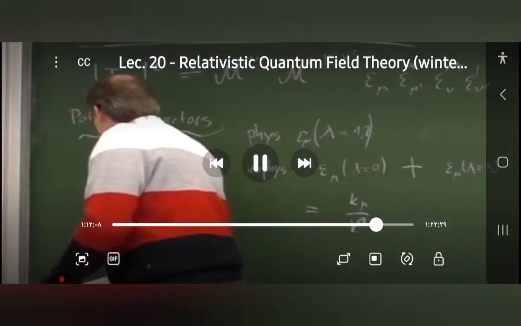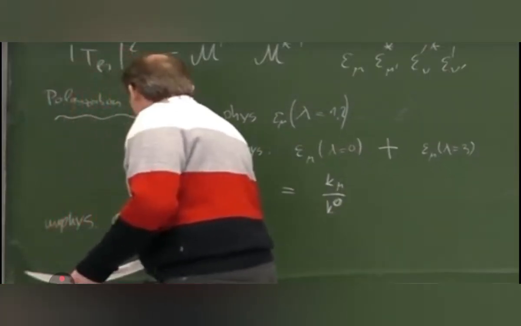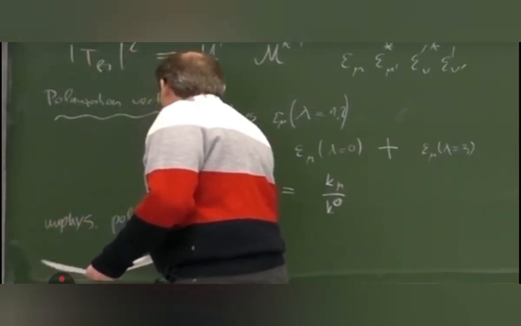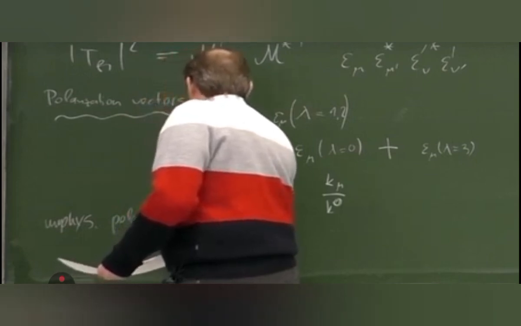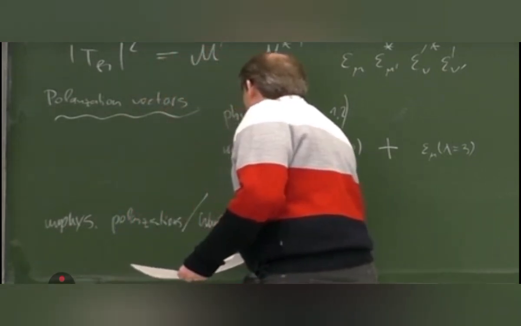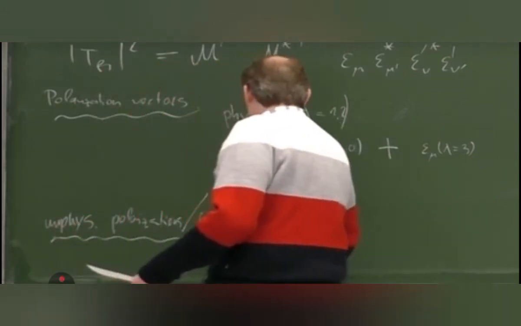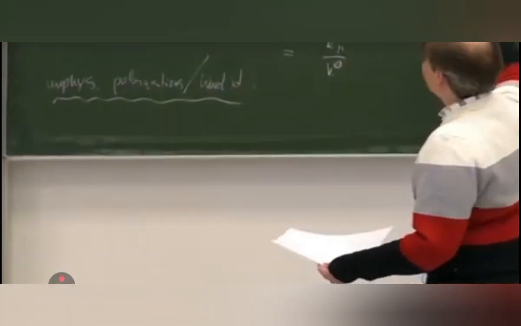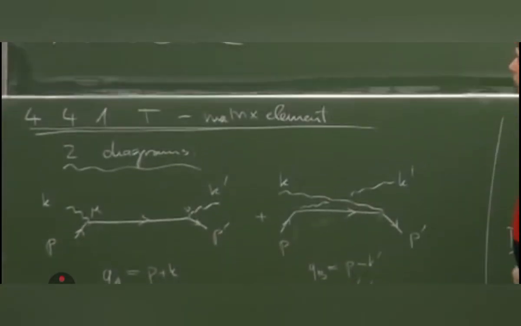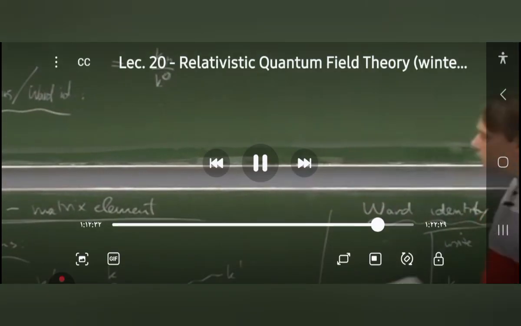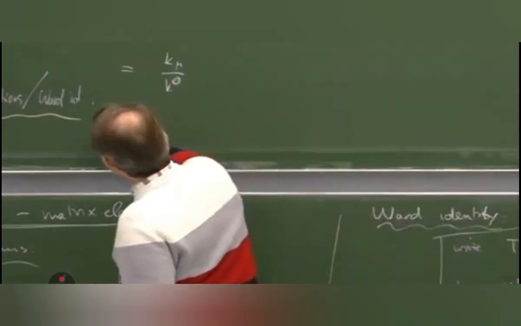So now we look at the behavior of these unphysical polarizations resulting from the Ward identity which we have just proven. What does the Ward identity tell us about the behavior of the unphysical polarizations? It tells us the following.